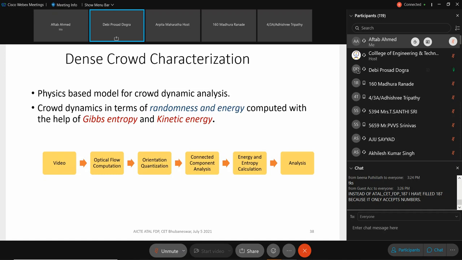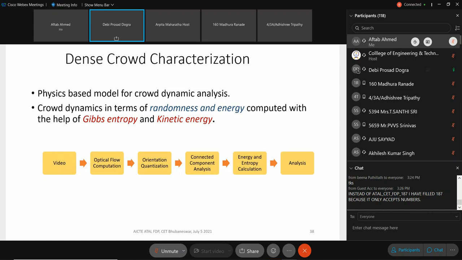So in physics-based models for crowd dynamics, we can analyze the crowd with the help of conventional physics-based theories. Crowd dynamics in terms of randomness and energy can be computed with the help of Gibbs entropy and kinetic energy. The framework is something like this, where you take the video and calculate the optical flow computations.